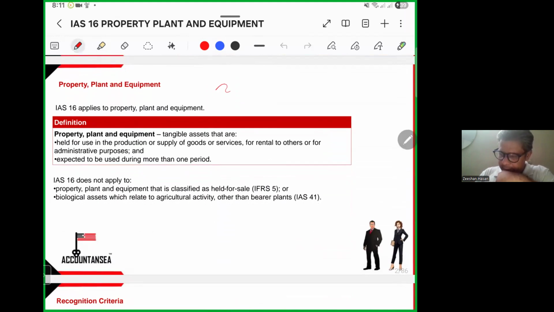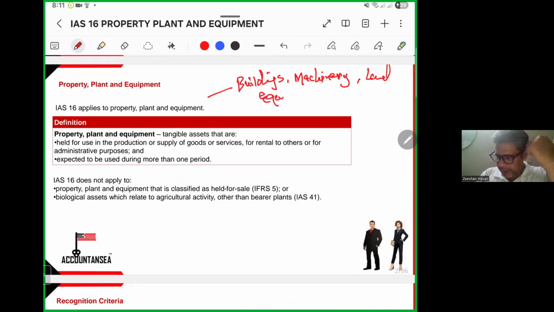It could be non-current assets such as buildings, such as machinery, such as land, equipment, as mentioned.